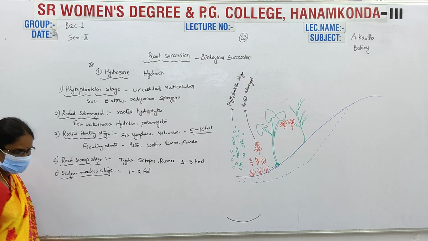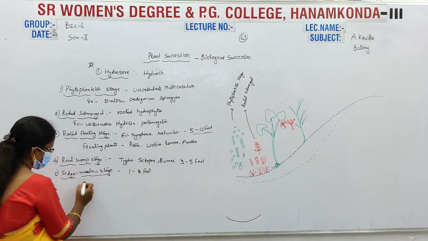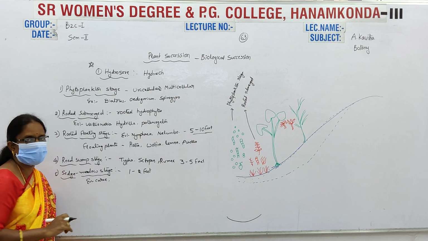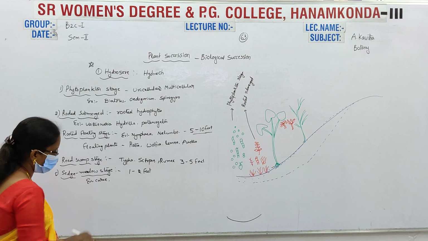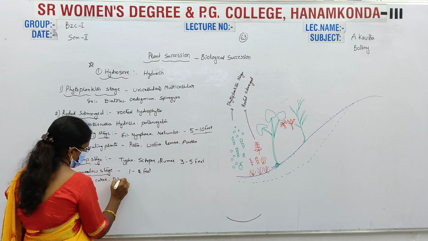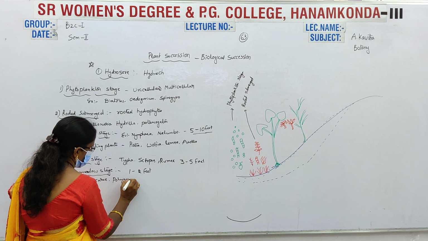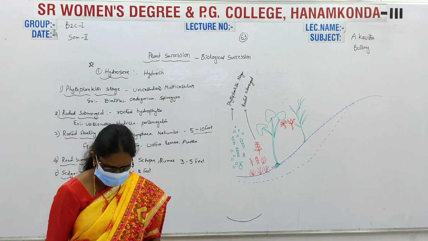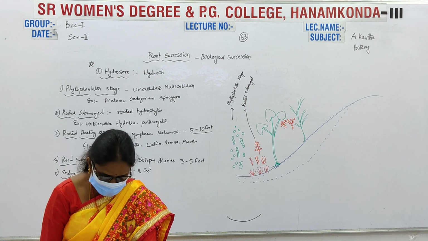For example, Carex plants. Small plants are also developed, such as Polygonum. Carex, Polygonum and this type of very small aquatic plants develop in the sedge meadow stage.